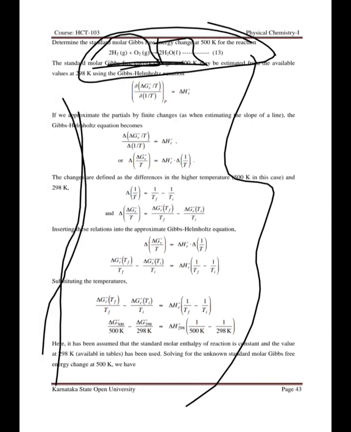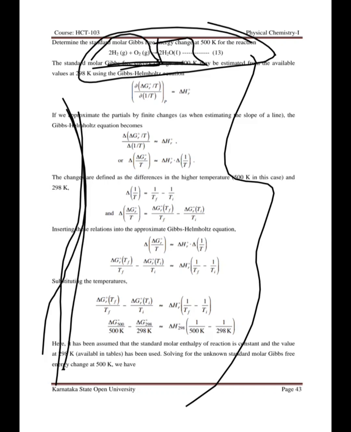So hydrogen plus oxygen gives 2 moles of water. How are you going to insert the values? For example, the free energy at 500 K and at 298 Kelvin, so delta G naught at 500 K and delta G naught at 298 K. This is what they applied.